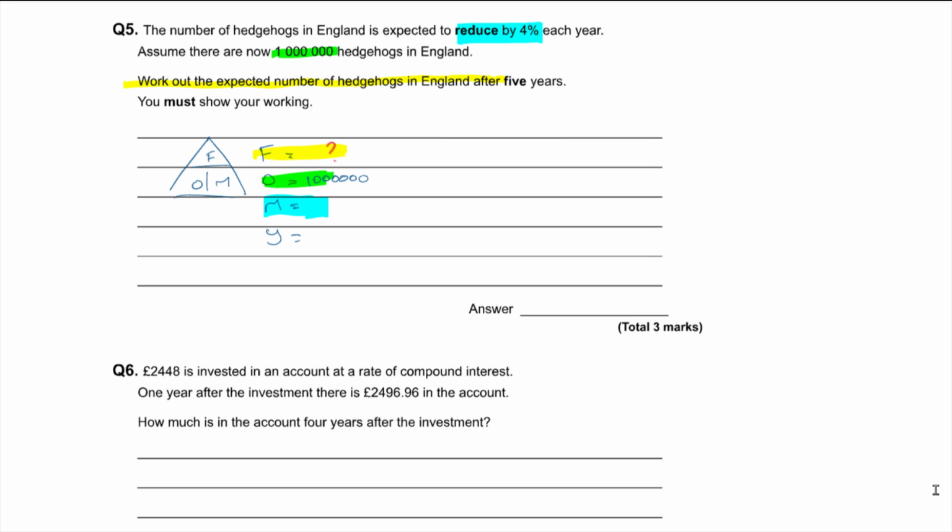So if you've got 100% and you subtract 4%, that's 96%, which as a multiplier is 0.96. Okay, so that's my multiplier. And then finally, the number of years in this case is 5 years, isn't it? Okay, so that's 5. Crossing off the thing I want to find: final. Final equals original times multiplier.